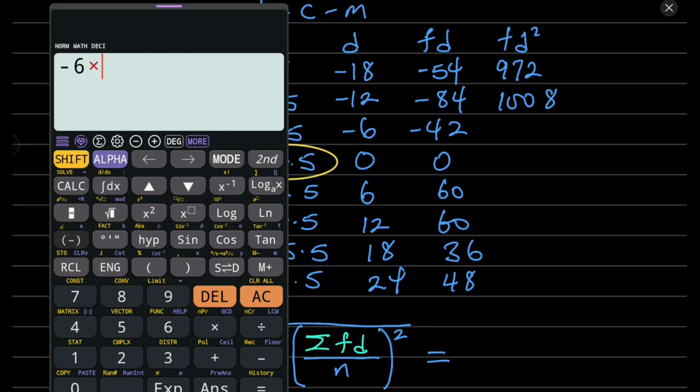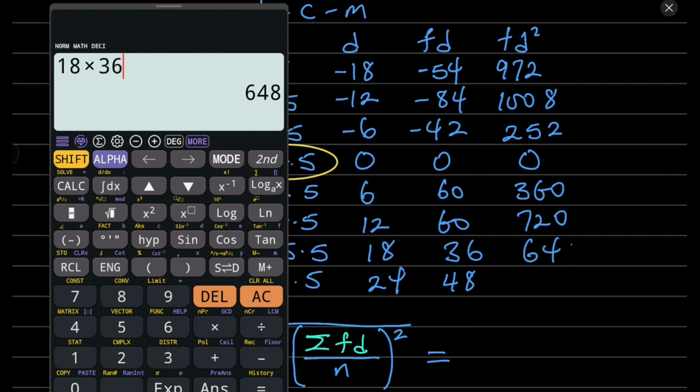Up next, minus 6 times minus 42, here we have 252. This is simply 0. Then 6 times 60, we have 360. Next, 12 times 60, we have 720. 18 times 36, we have 648. And then 24 times 48, we have 1152.